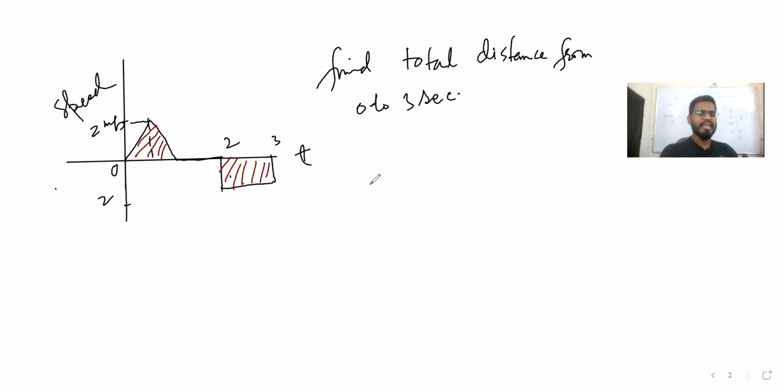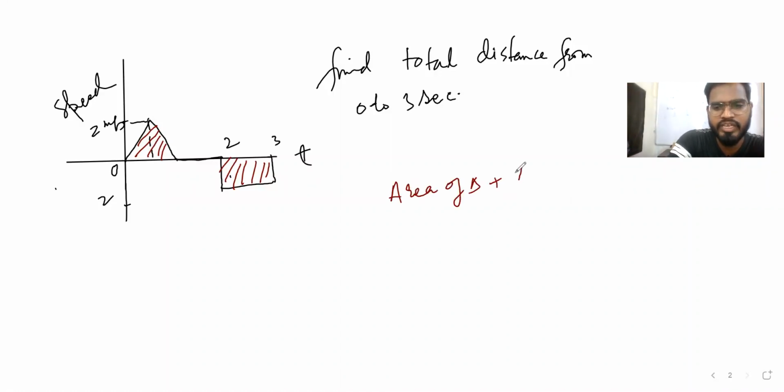Ultimately, the area under the speed time curve will give you distance, right? So that is what we want to find. So we can see a triangle and this rectangle, so the area of the triangle plus the area of the rectangle is going to be the distance.